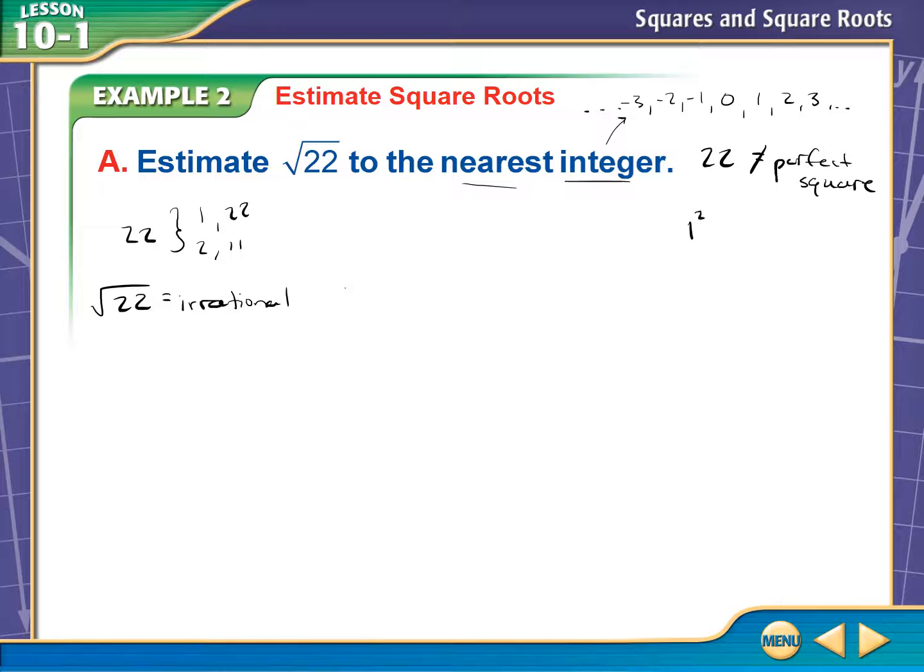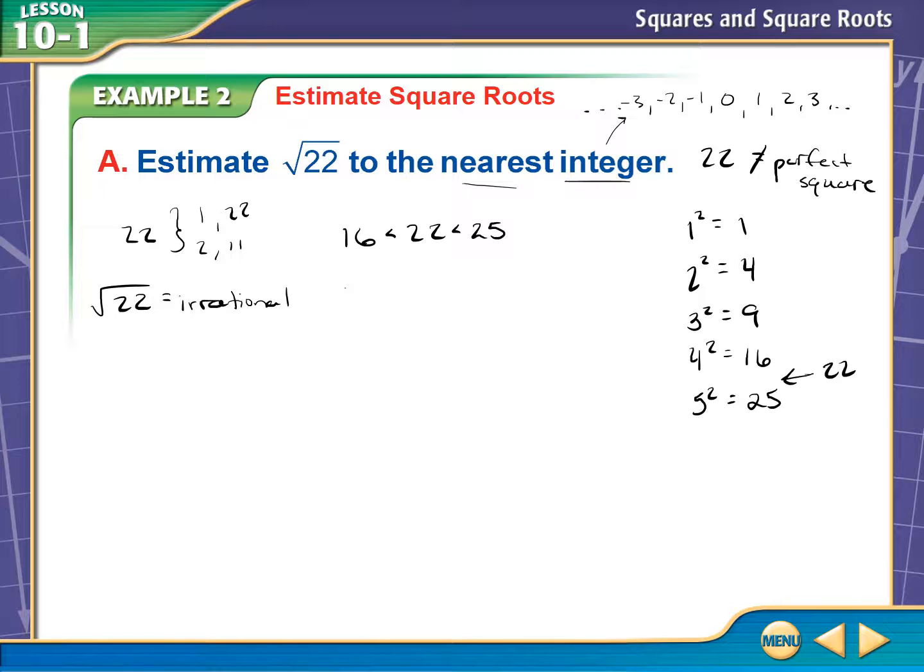So I could start at 1 and do 1 squared is 1. 2 squared is 2 times 2, or 4. 3 squared is 9. 4 squared is 16. 5 squared is 25. And here what I notice is that 22 would fall in between 16 and 25, right? So I could say 16 is less than 22, which is less than 25. So 22 is between 16 and 25.